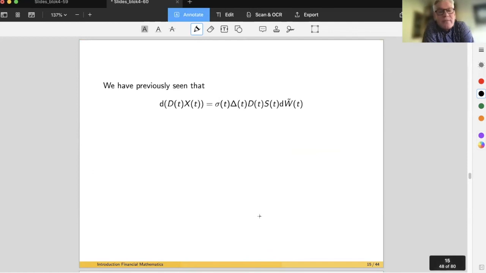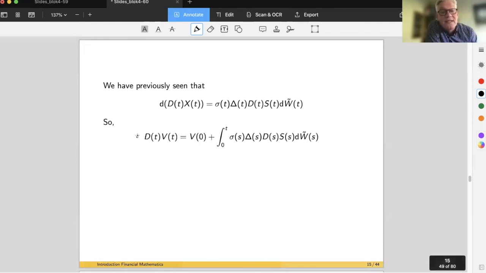Now, previously, we have of course seen the dynamics for the discounted portfolio process, and they were written as follows. The change in the discounted portfolio process is equal to sigma(t) delta(t) D(t) S(t) dW tilde(t). And this is nothing but a different way of writing the following.